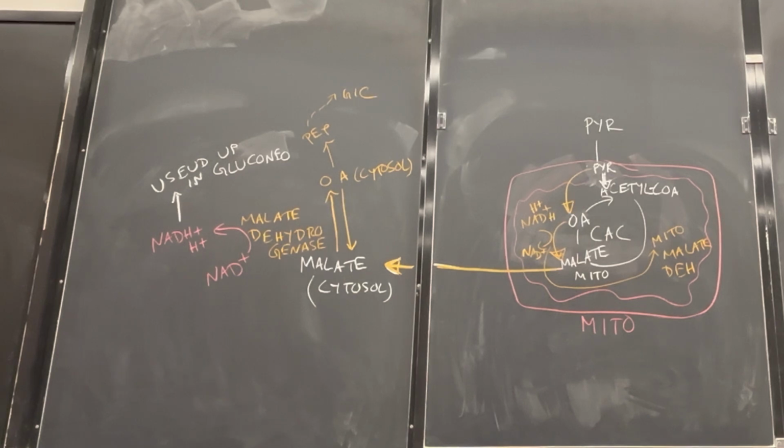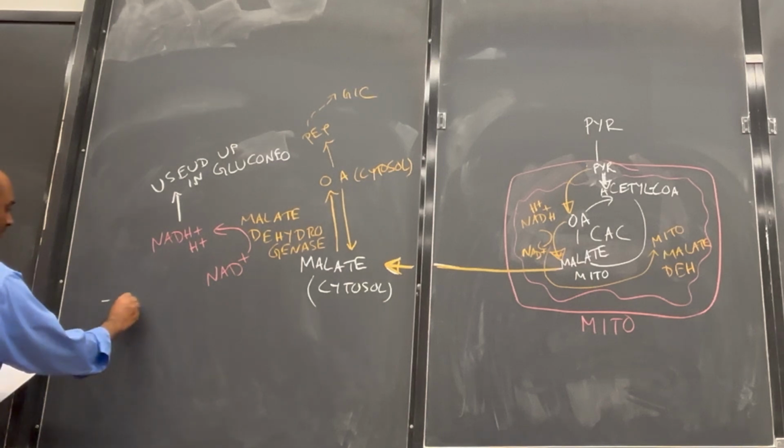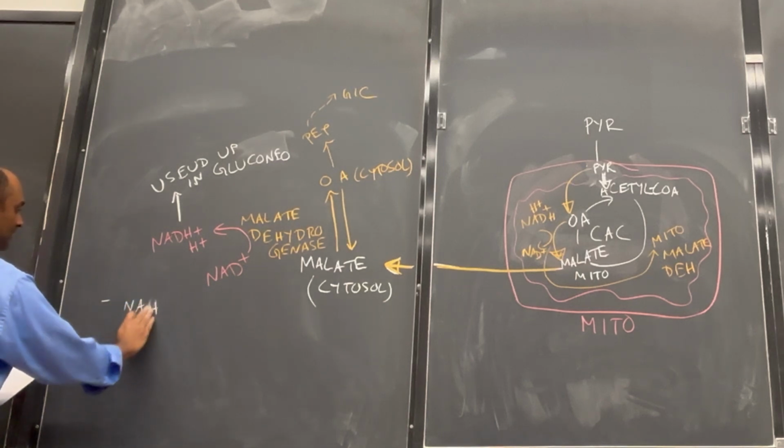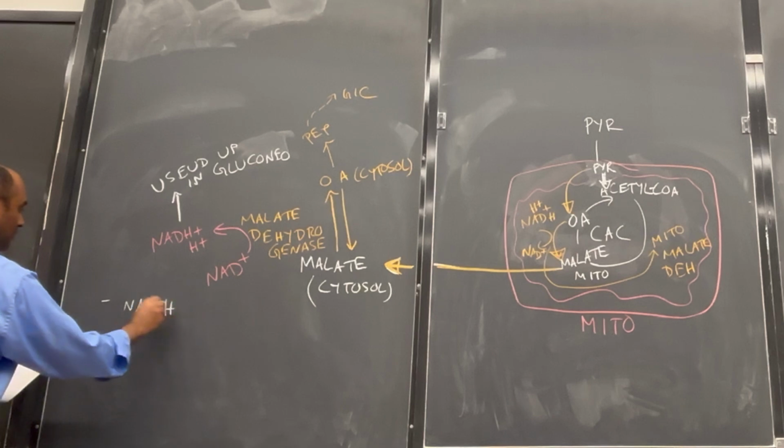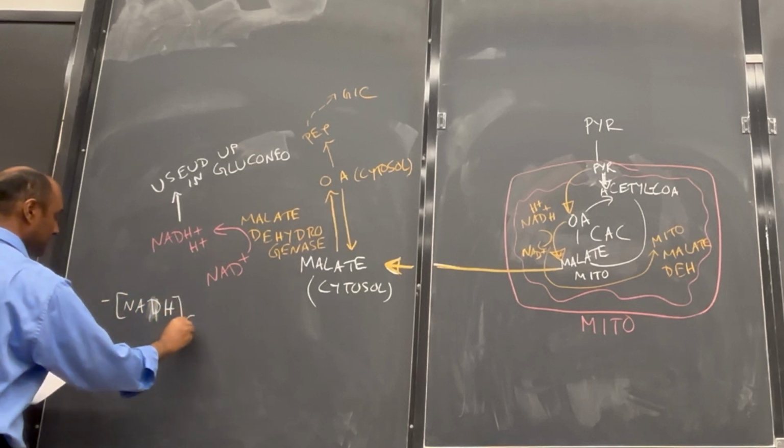Right? There was that step, another dehydrogenase. What dehydrogenase was it? Do you remember? GAP dehydrogenase, right? Yes. So this is where it will be used. The other reason is that the cytosolic NADH concentration is very low. Okay.